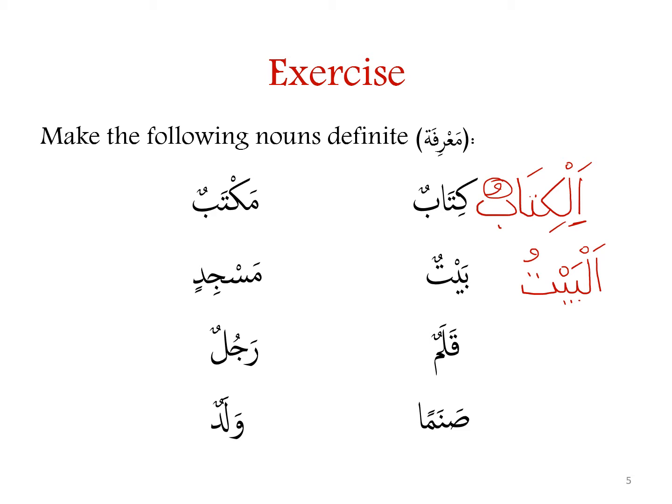So here we pronounce the lam, al-baytu, al-kitabu, because kaf and ba are moon letters. Qalamun, add the alif lam. Al-qalamu, drop the tanween.